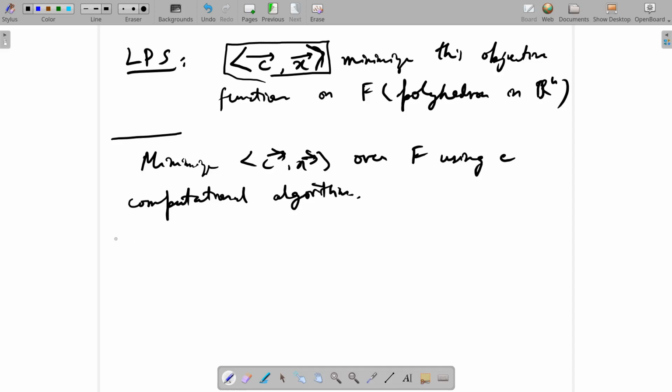All right. Before we can do that, the first question that comes to mind is that we want to make a computer understand the problem before it can solve it. So the first question is, what data structure can store a complete description of F?